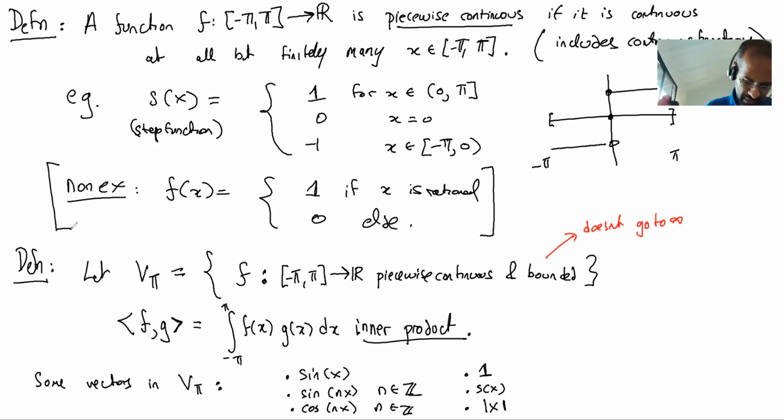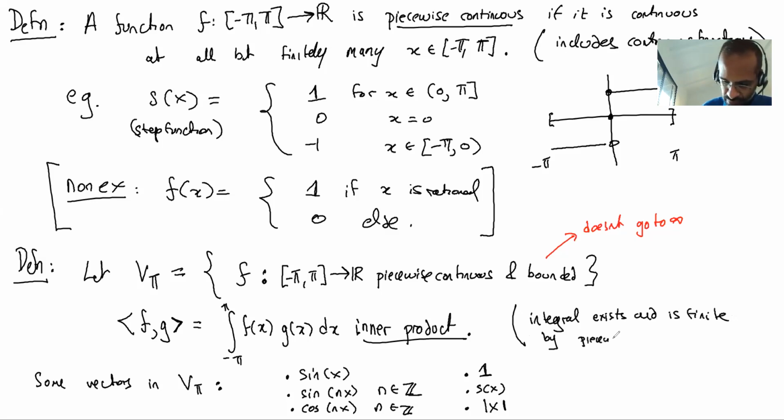Okay. So this is our inner product space, and it contains, for example, these vectors. Any questions so far? Okay, so the reason is that the integral exists and is finite by the piecewise continuous and bounded property.